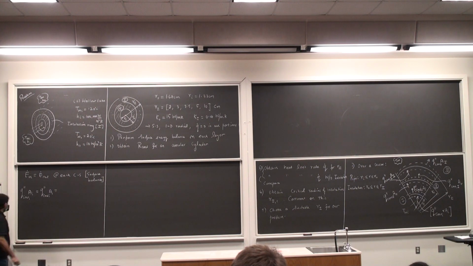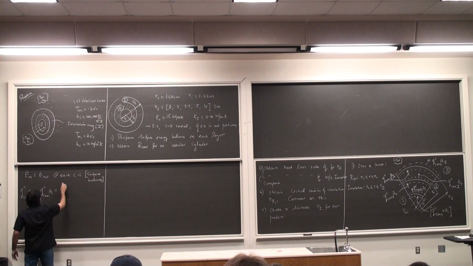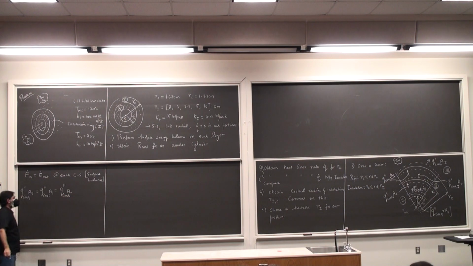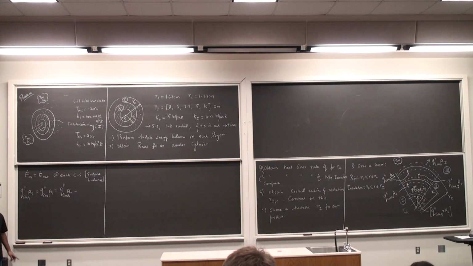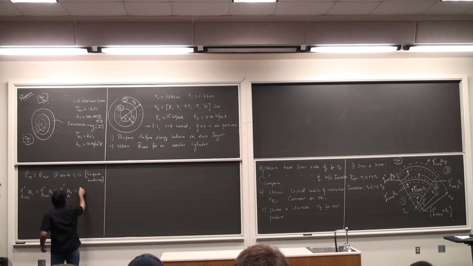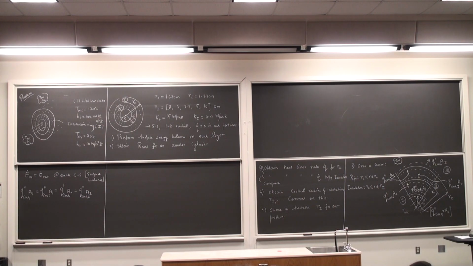This is equal to Q double prime conduction at A naught, which is in turn equal to Q double prime conduction times capital A_I, and which is in turn equal to Q convection outside.